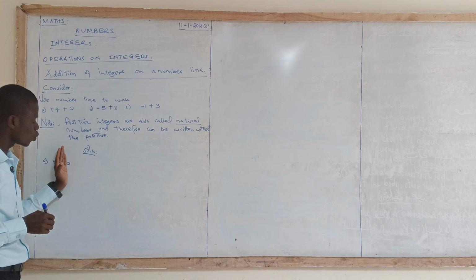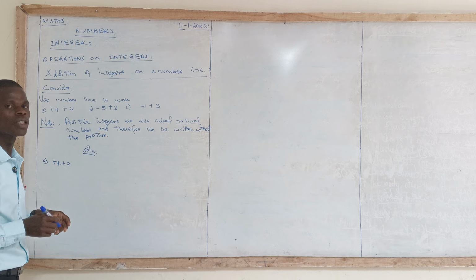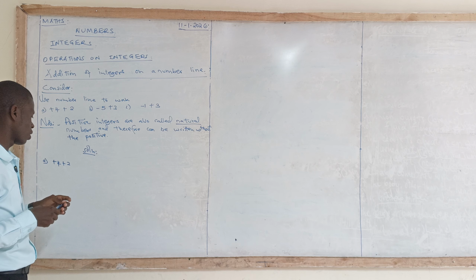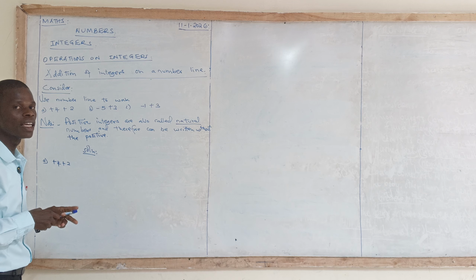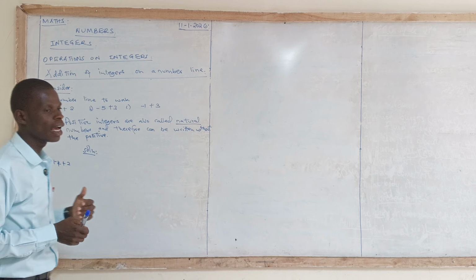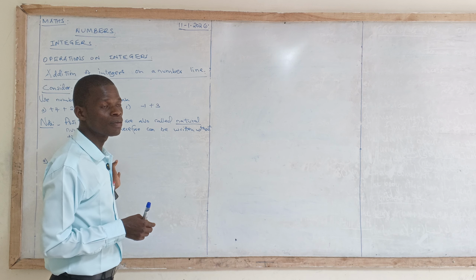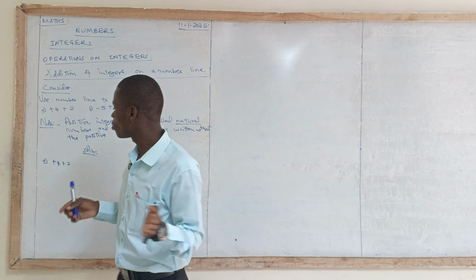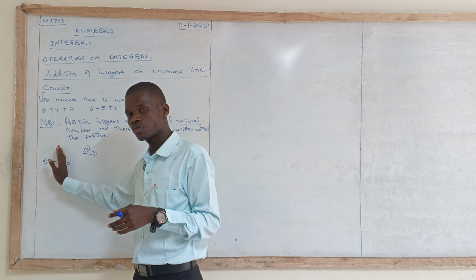And here we have 2. 2 is standing on its own. It has no positive sign and no negative sign. When adding, we cannot assume it is a negative 2. No, it is positive 2.